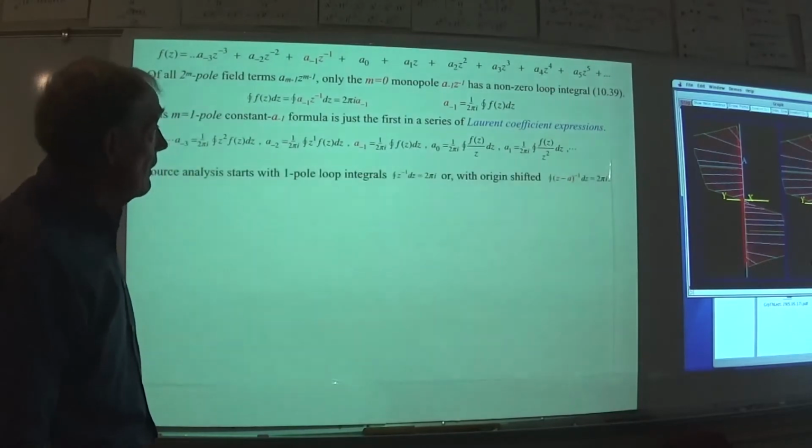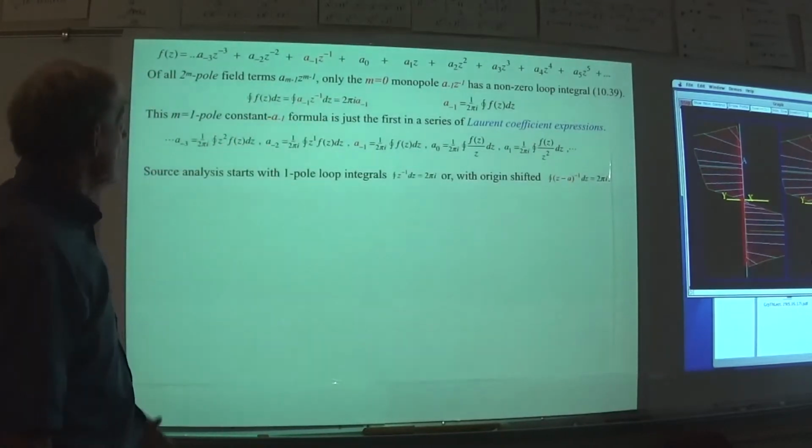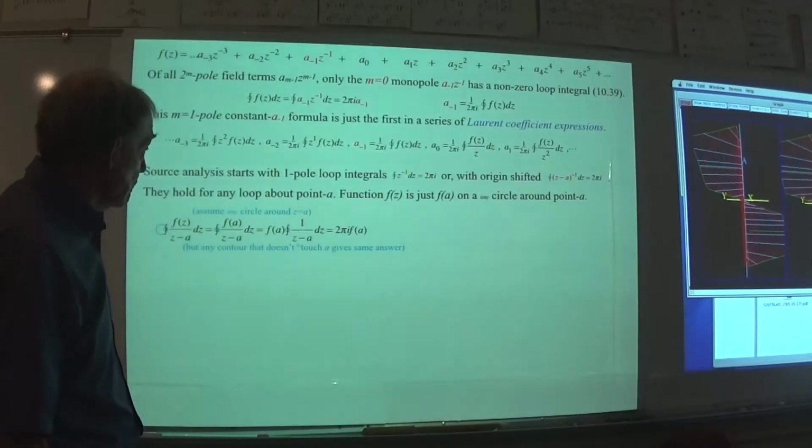So this is eventually a way to solve for the coefficients of the series if you know the function. If you know the function of z, this is a way that you get the values of that.